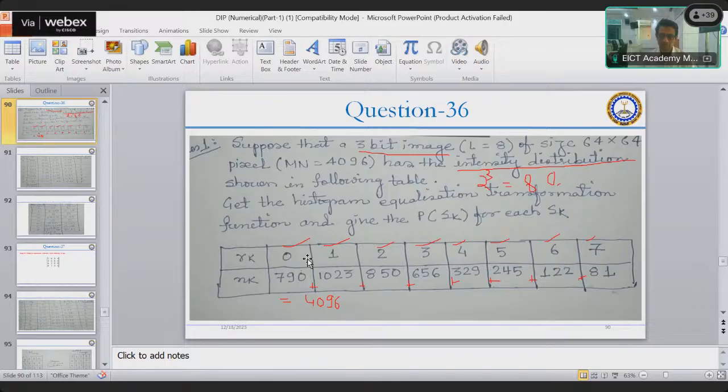Snehal is also saying that we can apply histogram stretching. So it's a fragmented opinion. I request everyone to give their opinion clearly: can we apply histogram stretching in this problem?